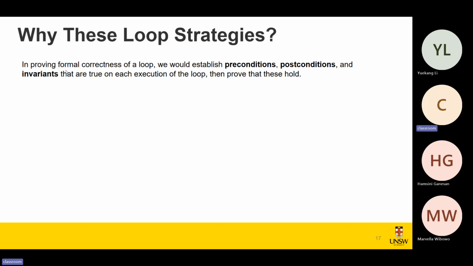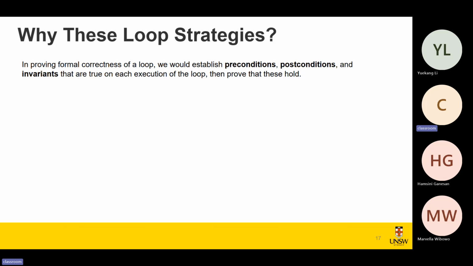And for formal verification, what people do is they try to identify these conditions and then prove that, okay, for this loop, it works. And why we care about formal verification here is because we just introduced in our introduction lectures that formal verification is considered to be one of the strongest means for ensuring software quality, right?